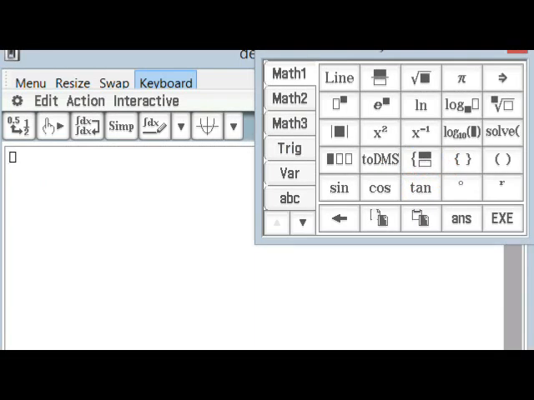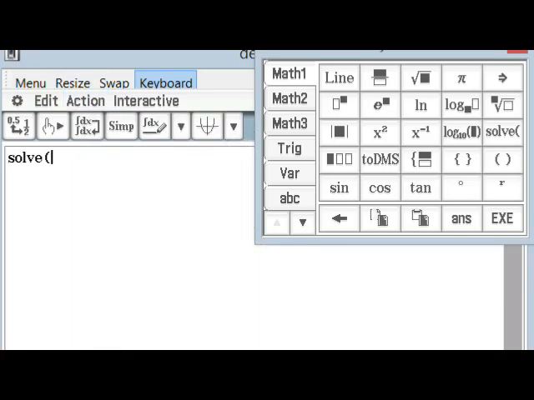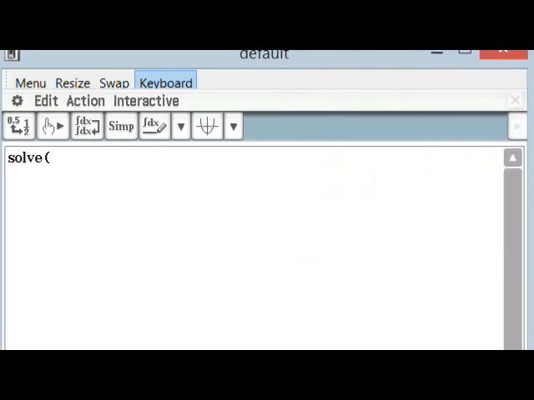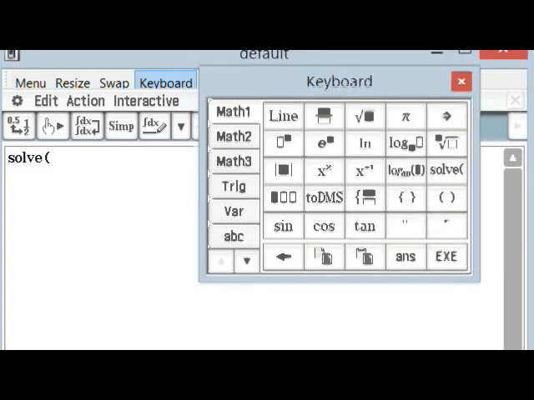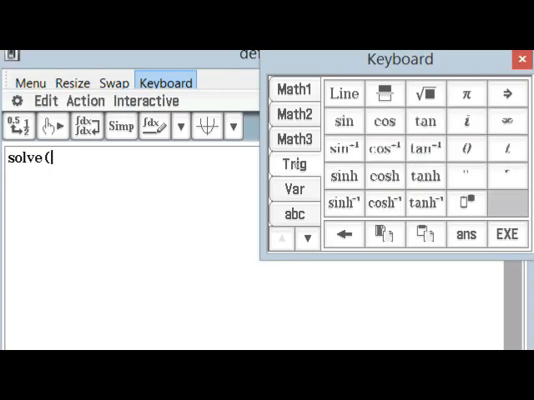When we then put this into the calculator, we can choose to use solve if we like, so action, solve. This will actually let us find any values that we need to. On the newer CAS calculators, there is a trig tab.